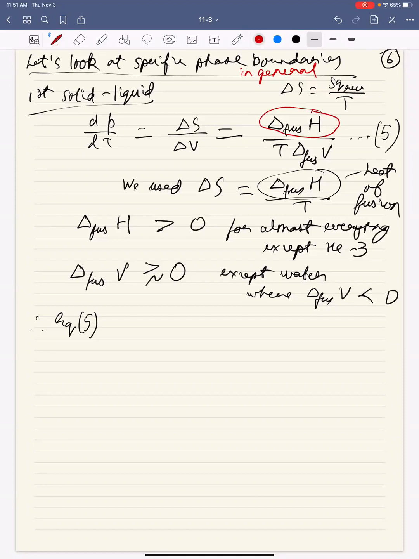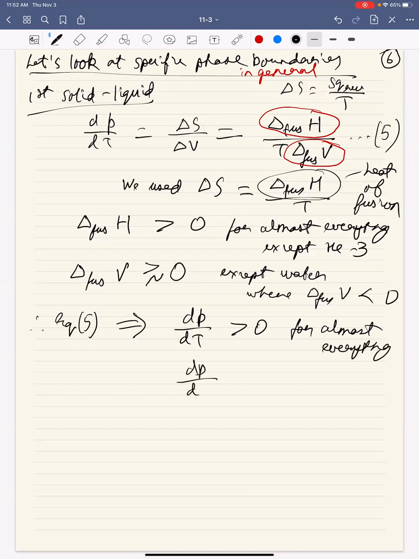We are not going to worry about helium-3. The denominator is positive for everything except water, right? So what does it tell us? Equation 5 implies that dP by dT is positive for almost everything, and dP by dT is negative for water.